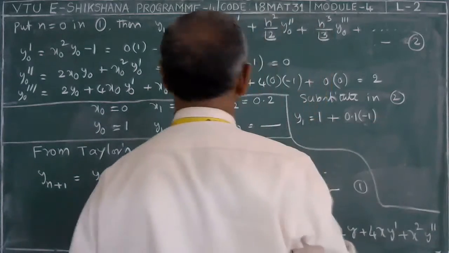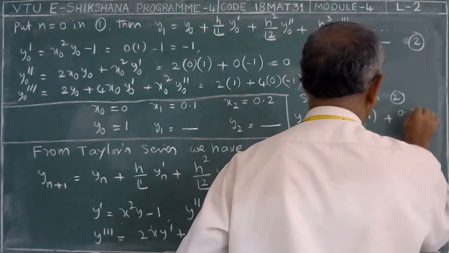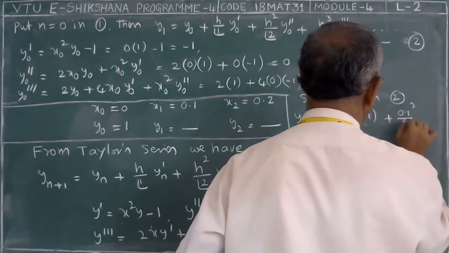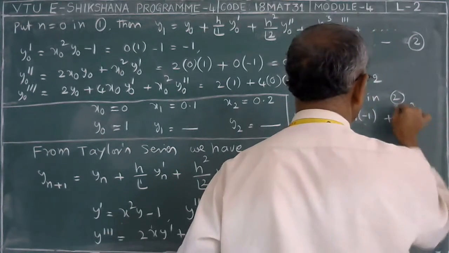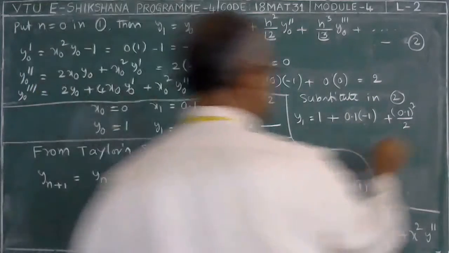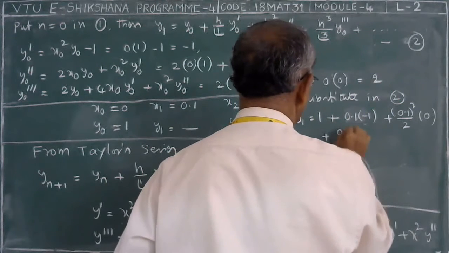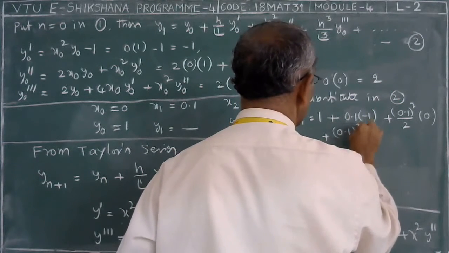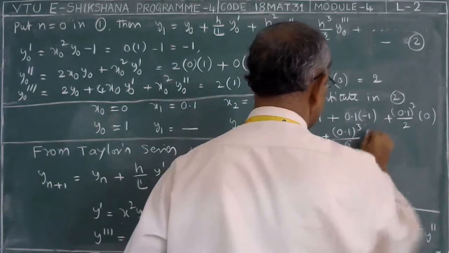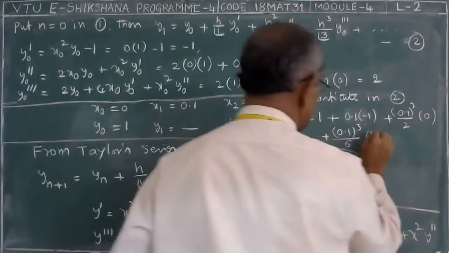So minus 1 plus h square, 0.1 whole square divided by 2 into y naught double dash is 0. Y naught double dash is 0 plus 0.1 whole cube divided by factorial 3 is 6 into y naught triple dash is 2.